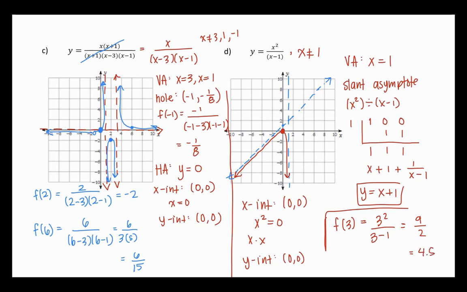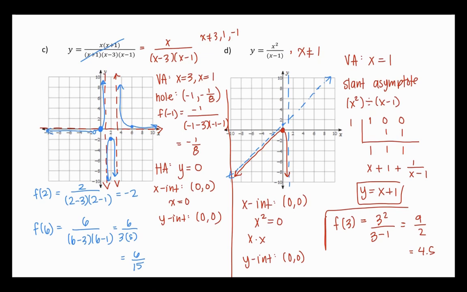I knew we were going to get to 4.5, and I wrote that down a step early. So I have 3, and then 4.5 is right here. That means we're going to end up in this top little section right here. So it's going to do something like that.